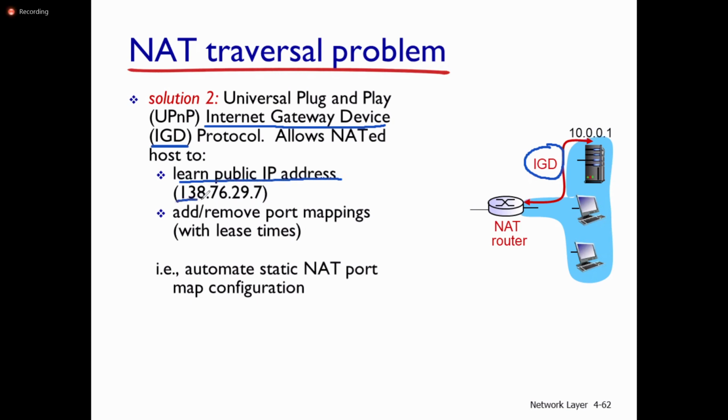So this is the public IP address, the incoming IP address. It adds or removes the port mappings between the router and server or router and client. So it automatically forwards the incoming datagram to the server. It automatically performs the NAT port map configuration.